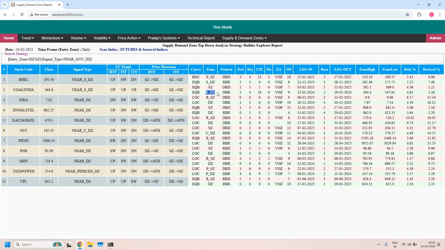Coal India is having a high liquidity zone. NCC is having a high liquidity zone. Okay, we identified 3 high liquidity zones, but remember, some stocks are less than 1 year old. 5 minutes data may not be available while fine tuning, especially with TradingView.